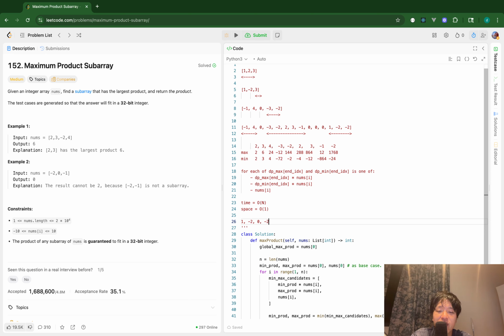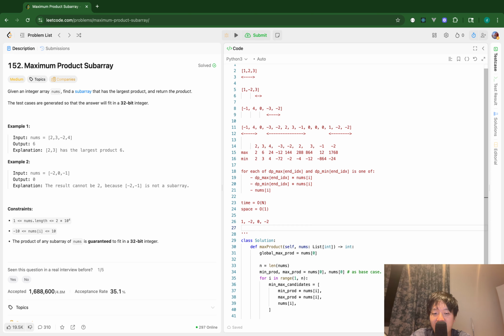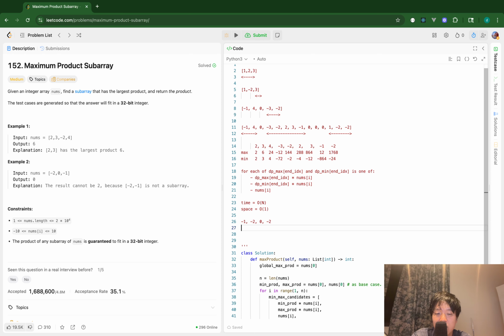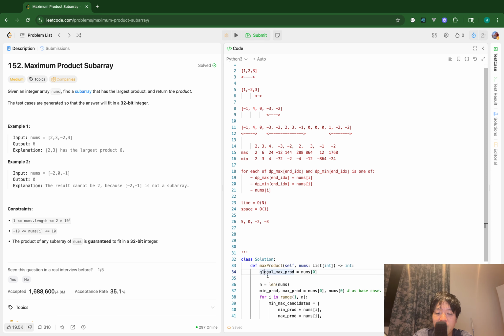Okay, I will think of this case. In this case, I first initiate global max product with 5.